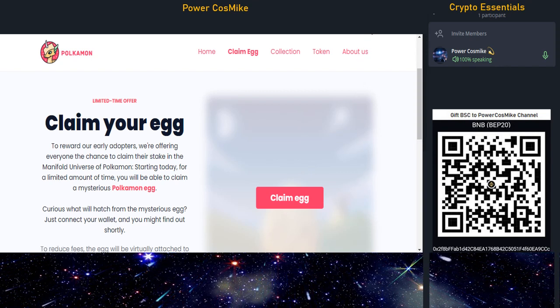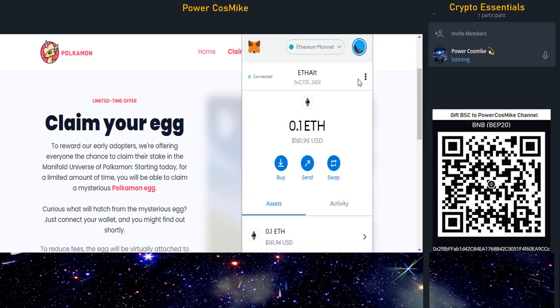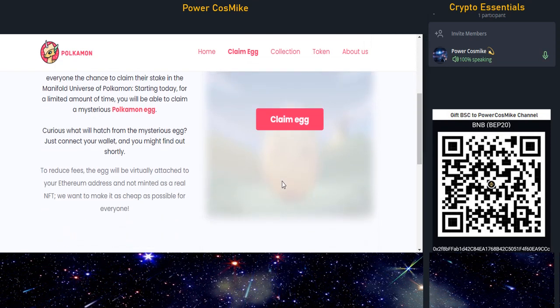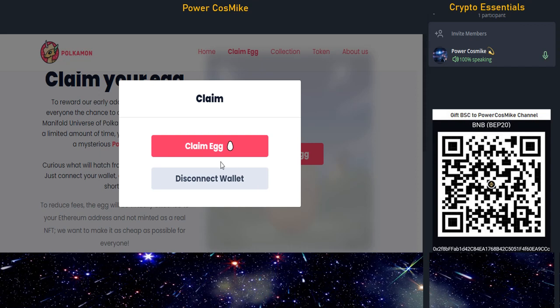So you would click on your MetaMask wallet, and then here, if you want to claim it, you're going to have to connect your wallet, your Ethereum mainnet wallet, to the Polkamon site. And once you've done that, you'll see that this claim egg button is now available, and you just click that claim egg button, and here's going to say, okay, you can claim your egg, right?